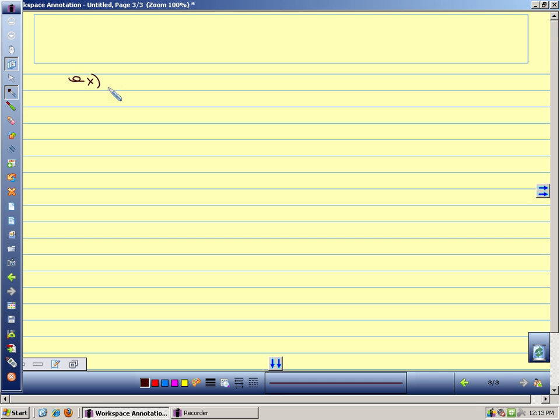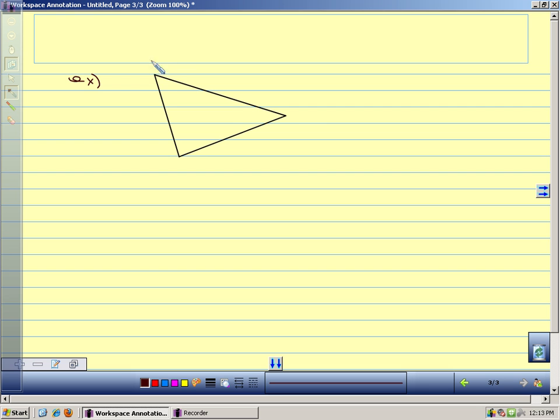This time we'll do a side-side-side example. So here's our triangle. And we'll label it, this time we're going to call this triangle P, Q, and R. Side Q is 1.25.